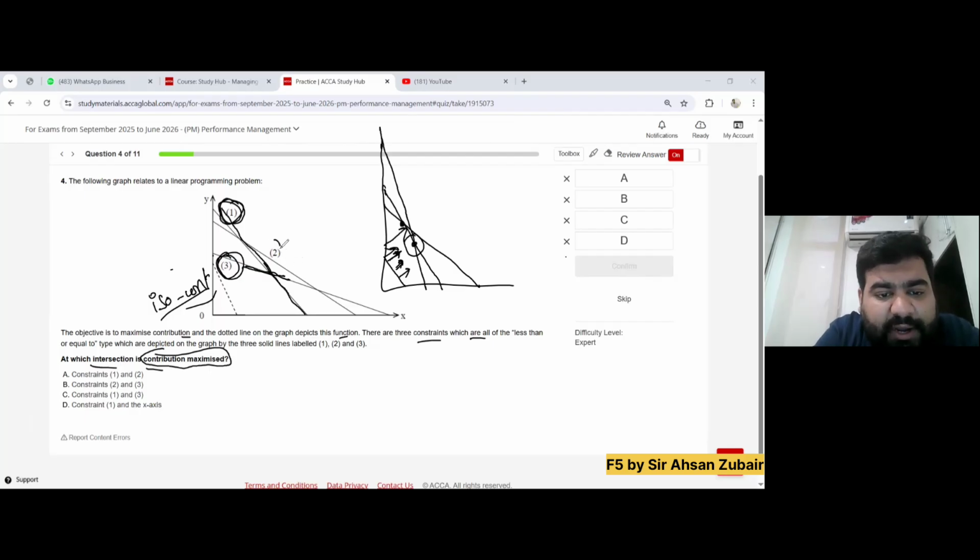The second line, number 2, is out of the region, so it's ignored. Lines 1 and 3 intersect at the optimum point where your contribution will be maximized. So the answer will be 1 and 3.